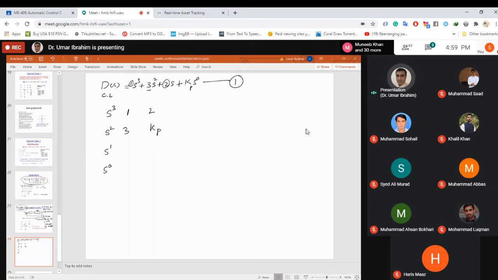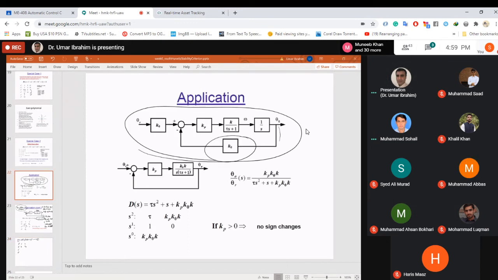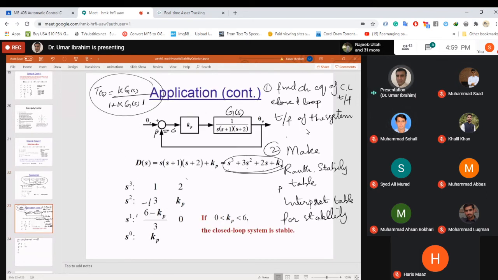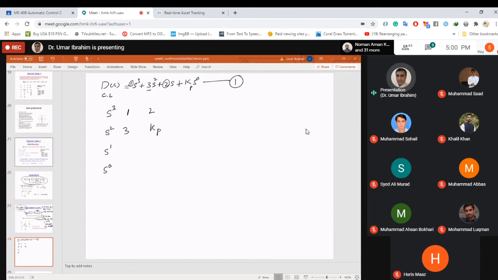Okay. Did we miss anything? It's okay, it's the same. So it's a very simple problem. Now we have to fill this table. So this value can be calculated as minus (1 times Kp minus 3 times 2) divided by 3.